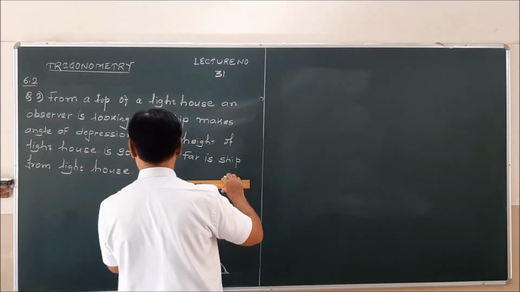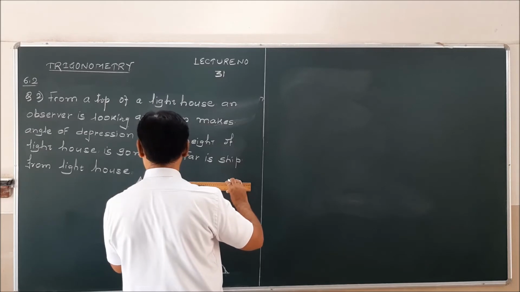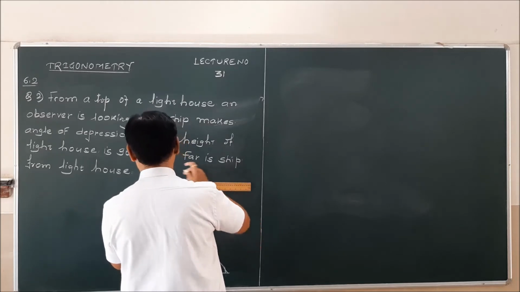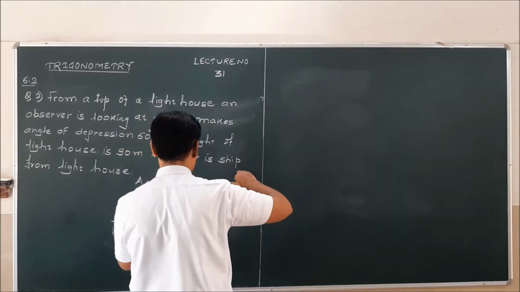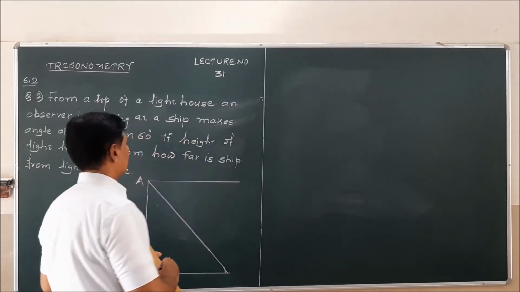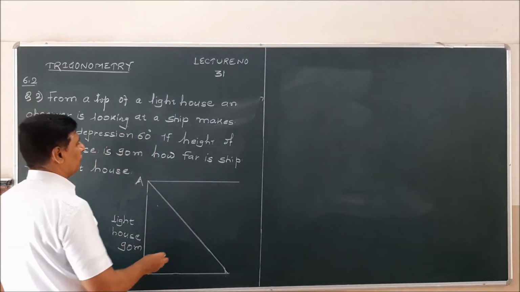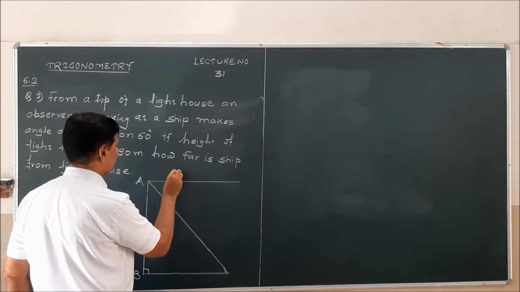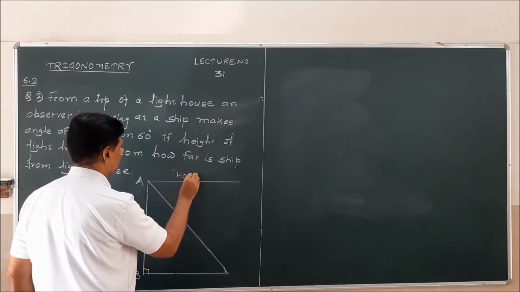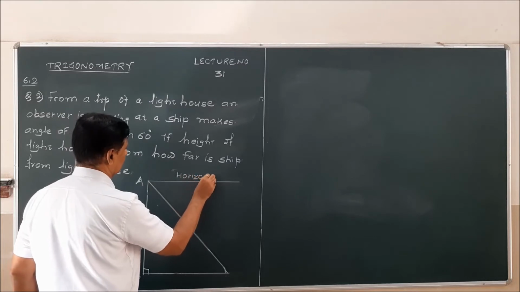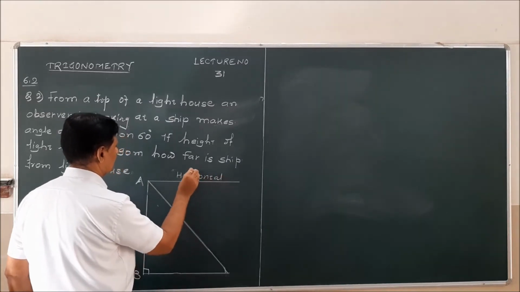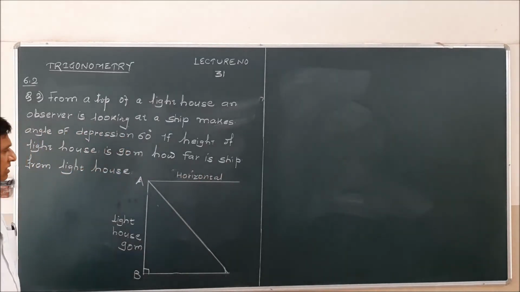Angle of depression. Now you will find the position of the observer is A. Please try to understand, the position of the observer is A. So here you can say horizontal. This is horizontal.